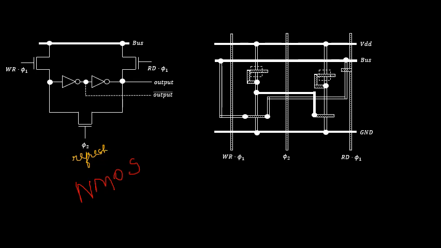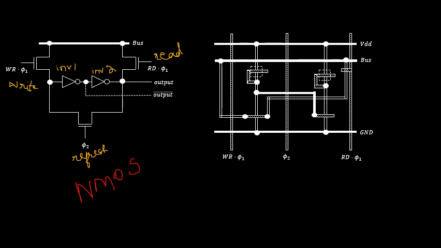So this is refresh, this is write operation, and this is for read operation. Apart from this, I have two inverters. The first inverter I will call inverter 1, and the second I will designate as inverter 2. So two inverters are present over here.